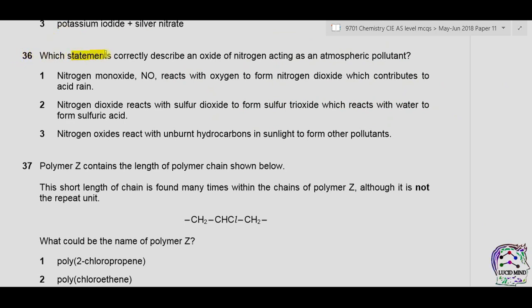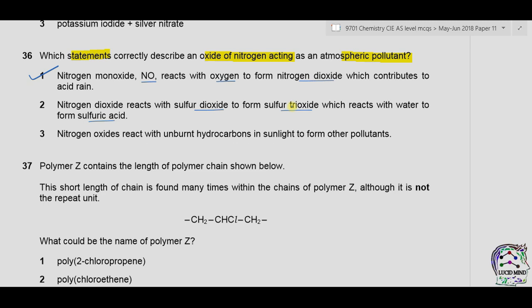Question 36. Which statements correctly describe an oxide of nitrogen acting as atmospheric pollutant? Number 1. Nitrogen monoxide reacts with oxygen to form nitrogen dioxide, which contributes to acid rain. This is a true statement, as nitrogen dioxide is an atmospheric pollutant. Second, nitrogen dioxide reacts with sulfur dioxide to form sulfur trioxide, which reacts with water to form sulfuric acid.